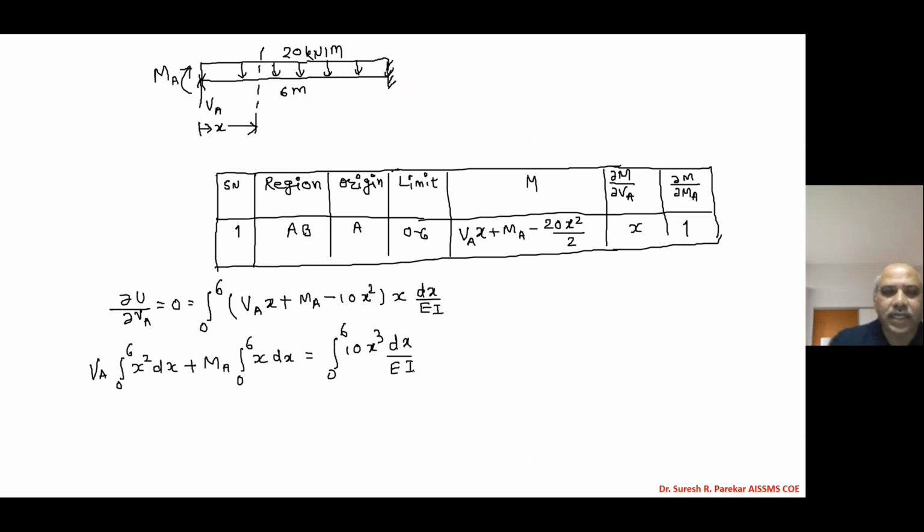If we solve this, first integration of x square from 0 to 6 gives the value 72.